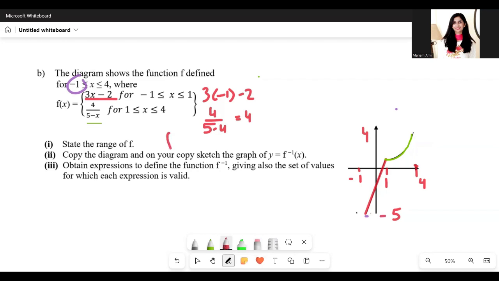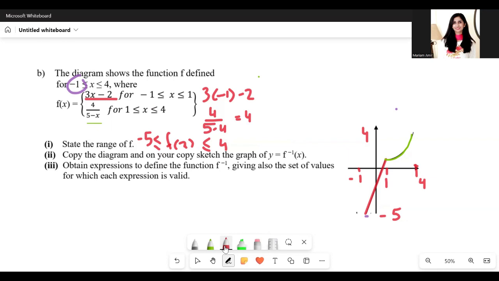So then f(x) is going to be between -5 and 4, and we will write equals to sign because we got -5 from this -1, and there's an equals to sign there, and we got 4 from this 4, and there's an equals to sign there. So this is going to be the function's range.